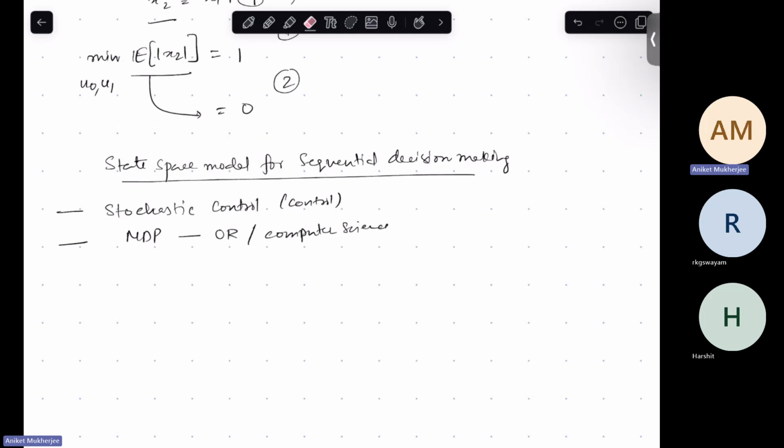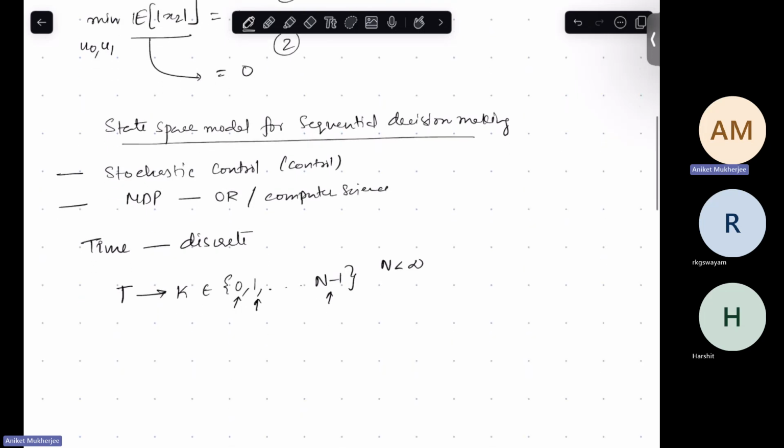So basically, time is discrete, and I'll denote it with k belonging to 0, 1 to n minus 1. And n is usually less than infinity. For now, we'll take n less than infinity so that we have a finite horizon. You can either observe or take an action at these discrete time intervals. You can't do anything in between those time intervals.